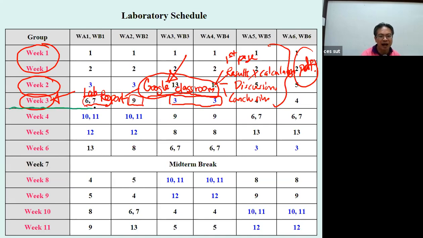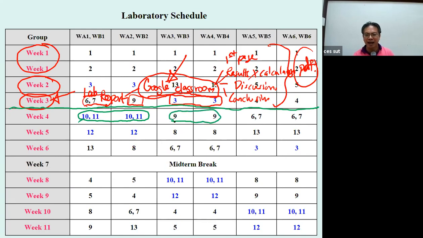Okay, now we come to our portion. We're going to start to have the online lab for this session due to the COVID, and I don't think it's going to finish soon. So group 1, 2 is going to be in lab 10, 11, and then group 3, 4 is going to be in lab 9.